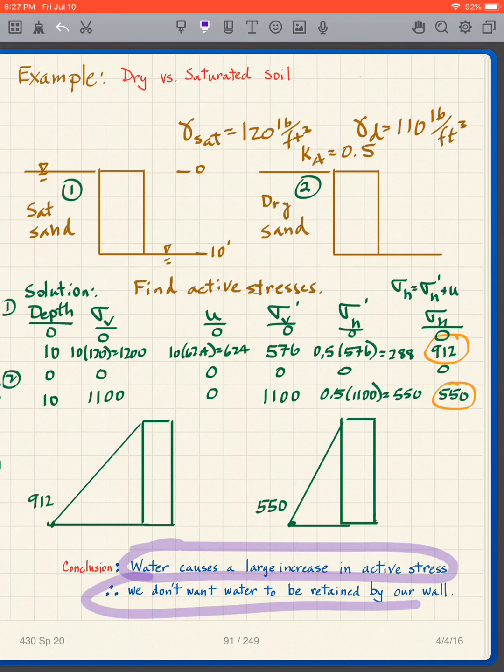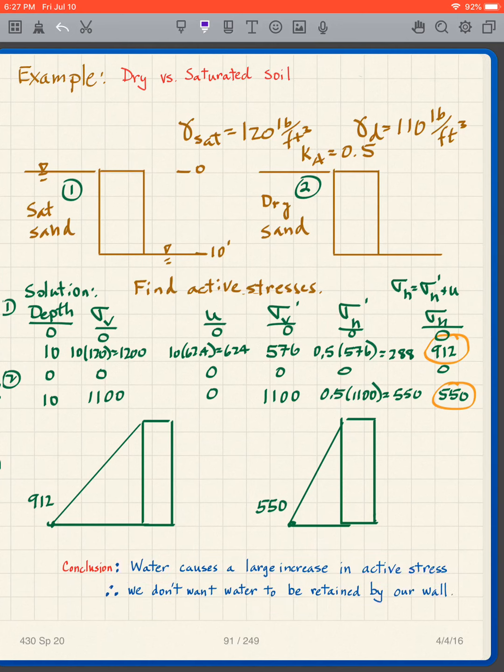So here's the thing. We don't want water to be retained by our wall. This is an important point, because if it's raining hard and things like this, is when walls fail or can fail, because the rain comes down and what does it do?